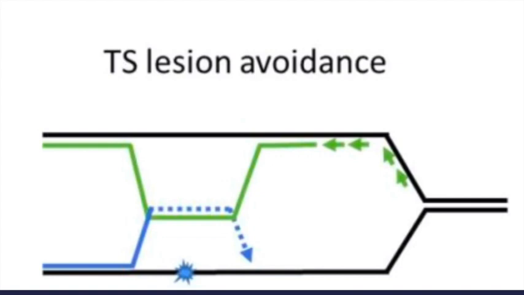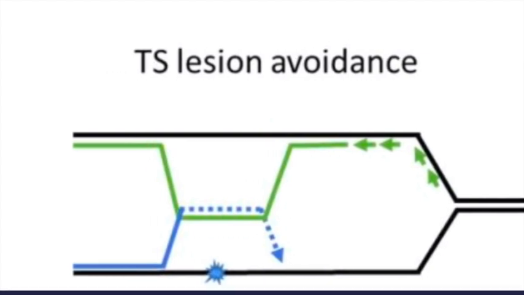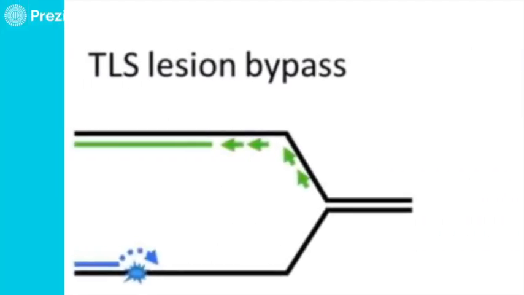So therefore, this blue strand which has met with a lesion can find a template on the sister DNA strand, be copied there, and then come back to the original template of the mother strand and carry on with its further process of replication. So there are two methods of having this process.